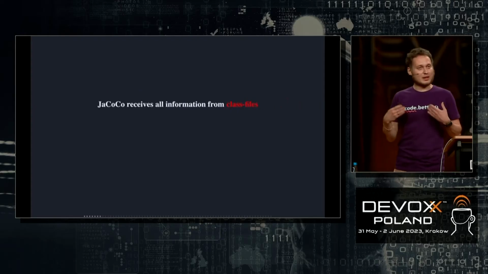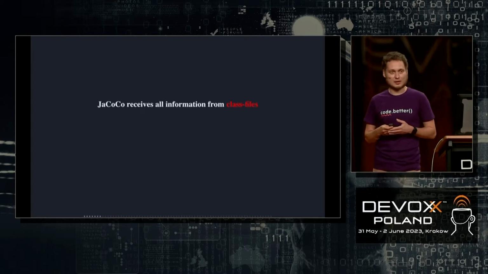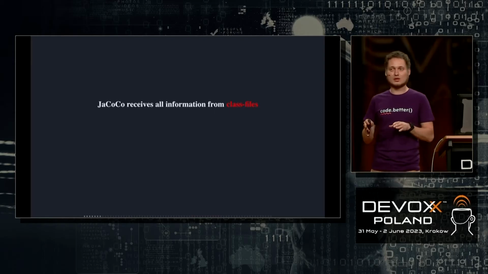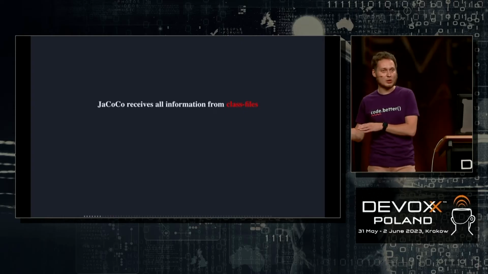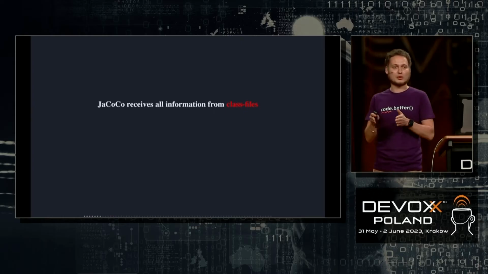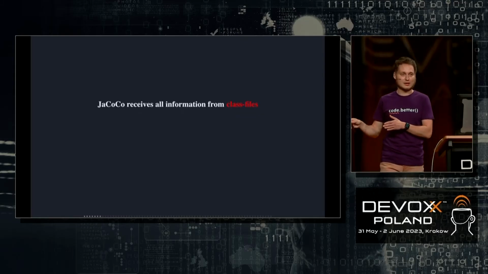Before we proceed, it's important to understand that JaCoCo receives all the information from the class files. Source files do not play much role in the process of collecting and computing code coverage. Everything is stored in already compiled class files.